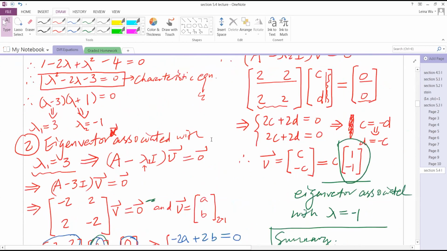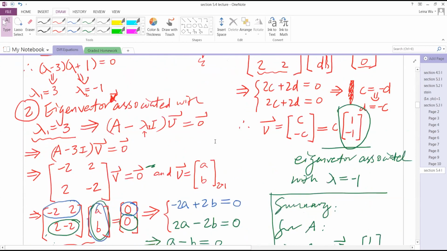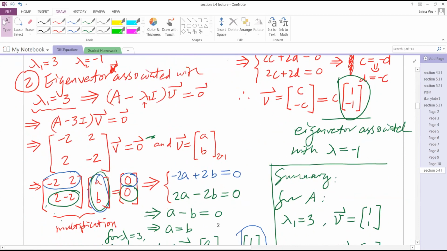Professor, could one of those a or b be 0? Oh, absolutely. If one of them is 0, that's fine, as long as they're not all 0. That's considered to be a non-zero vector. When I say 0 vector, it's referring to all the entries being 0, right?